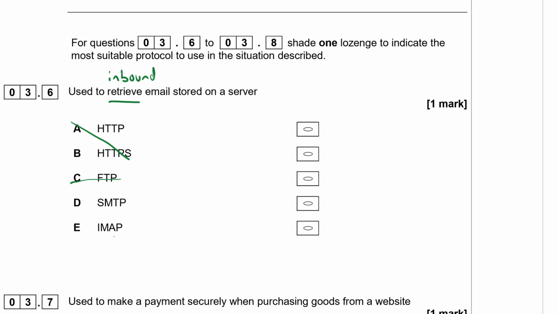And so I think that A is access. If you are accessing something, you are retrieving it. Whereas the T here is transferring. I tend to think if you are transferring something, you are sending it. That's how I personally remember the difference. So IMAP is therefore the one where you are retrieving email.